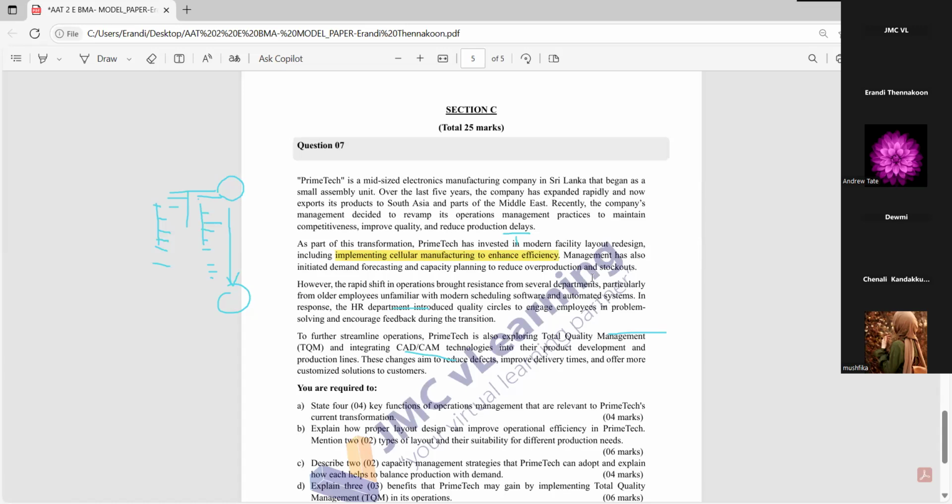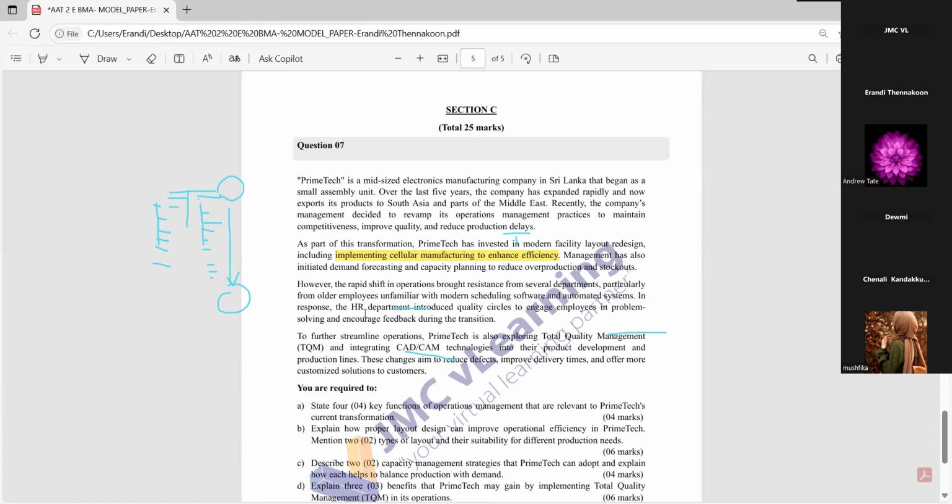Management has also initiated demand forecasting and capacity planning to reduce overproduction and stock outs. However, the rapid shift in operation brought resistance from several departments, particularly from older employees unfamiliar with modern scheduling software and automated systems.